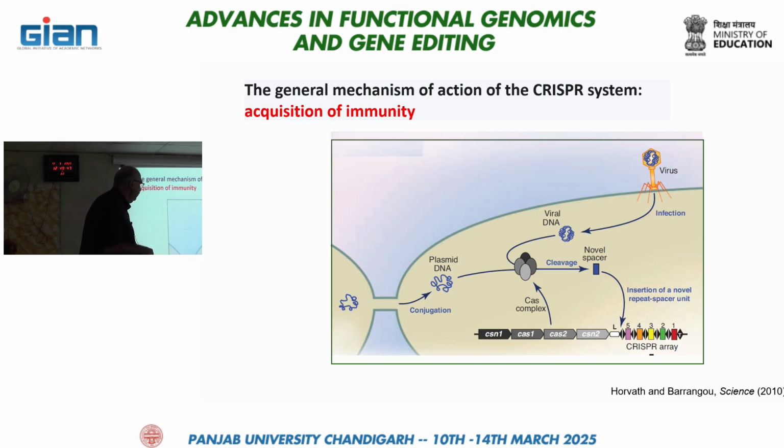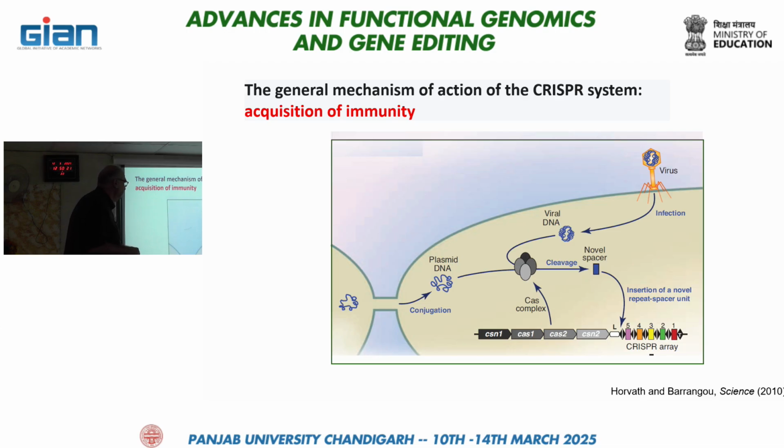The bacteria have a CRISPR array, a locus in which they have some repeated fragments, marked here in black, and different sequences, spacer sequences, marked here in different colors. Then when a virus or plasmid appears in the cell, it can be cut into small pieces.